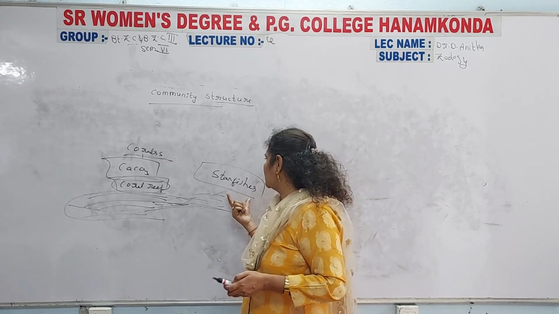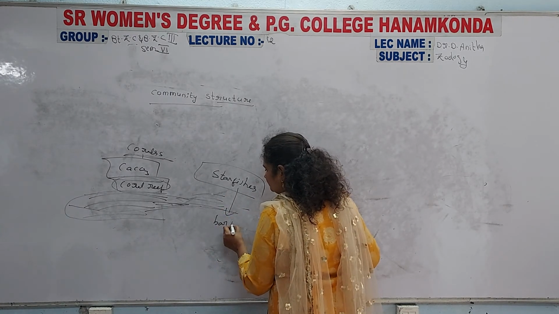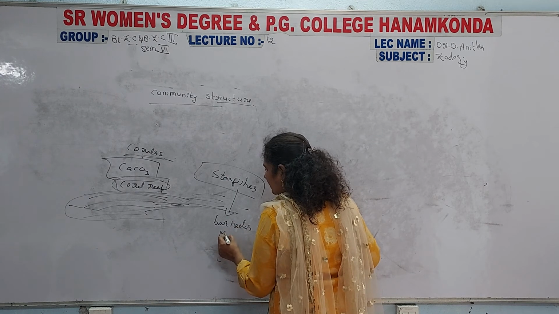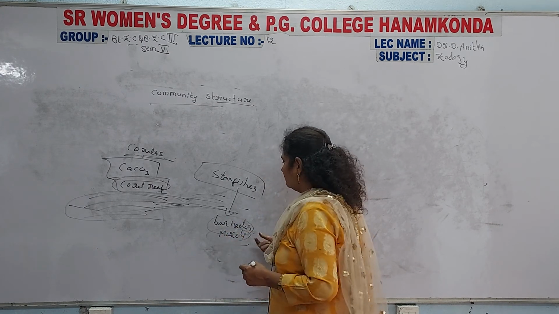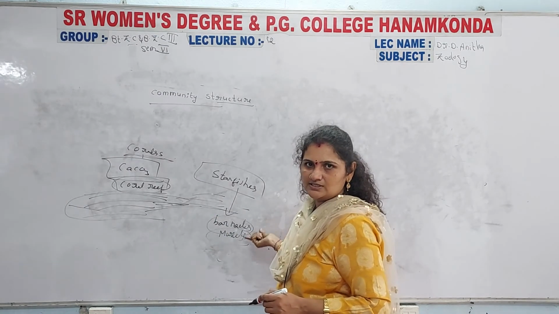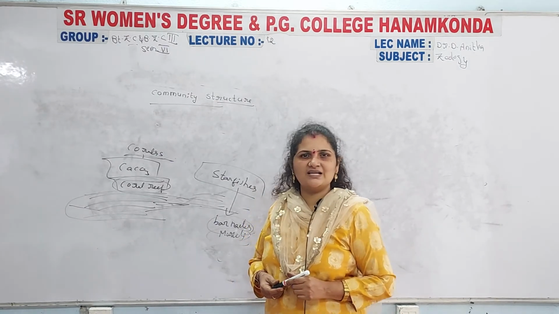The starfishes mainly kill the barnacles and the mussels. The barnacles are crustaceans, phylum arthropoda, and the mussels are molluscan organisms.